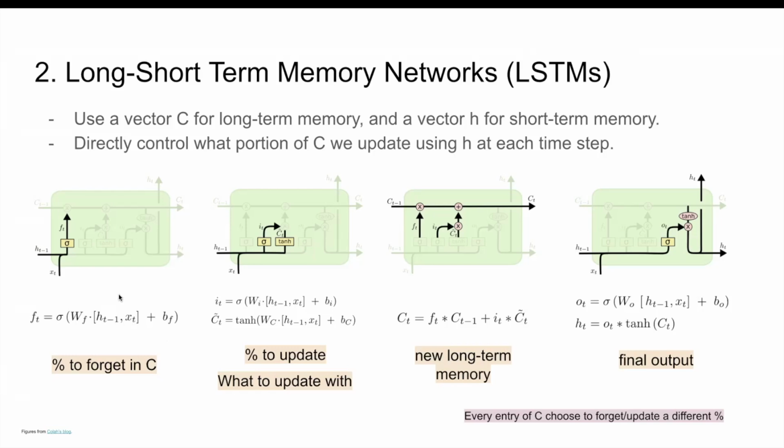What's more important is to just know that there's a separate memory vector for the long-term memory and a different memory vector for the short-term memory. Having this long-term memory vector allows you to keep track of the gradients, and gives a shortcut for the gradients along the way as you go back in time.